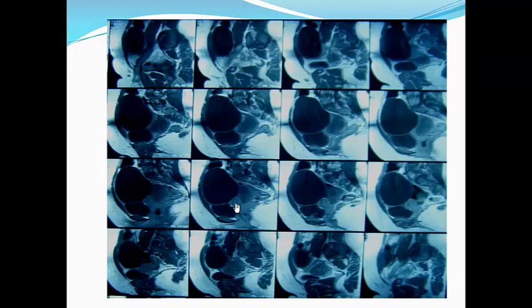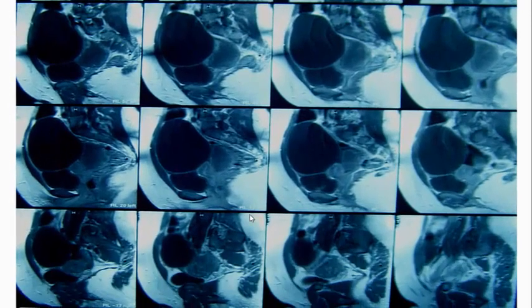Next, this is another case. This is the T1 post-contrast because the uterus is enhancing here. The uterus is retroflexed because this mass is pushing the uterus to the back.